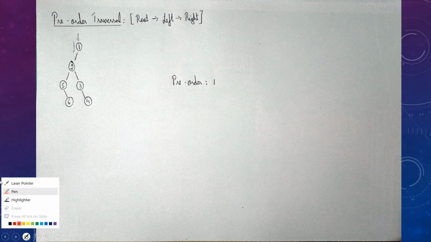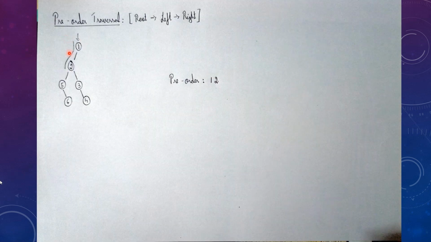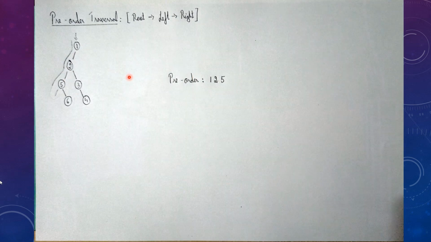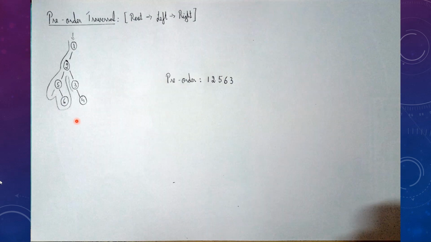First we write the root node. So 1 is covered here. Next we move down the left subtree. So 2 is written here. Next we cover 5. So 5 is written here. Since 5 has no left child, we directly move on to the right child and we write 6. Then we traverse up and cover the right subtree.